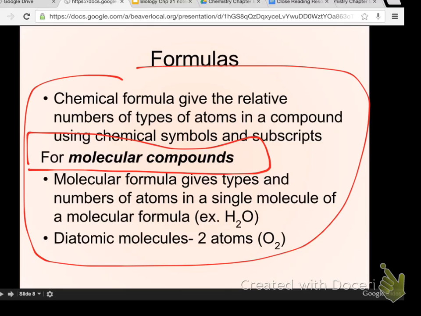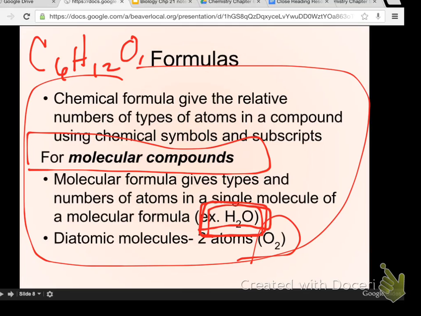They're held together with covalent bonds. We have a formula, and that gives the actual number of every kind of atom in a molecule. We have things like O2, H2O, C6H12O6. That's a molecule. One molecule of sugar. Glucose, actually. C6, 6 carbon, 12 hydrogen, 6 oxygen.